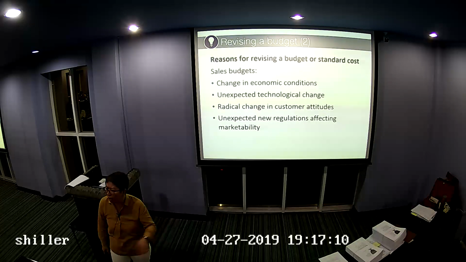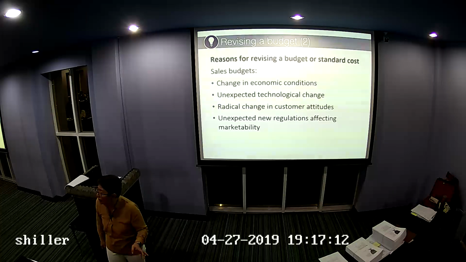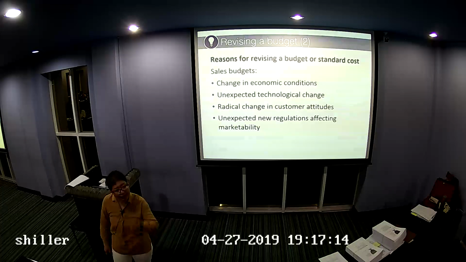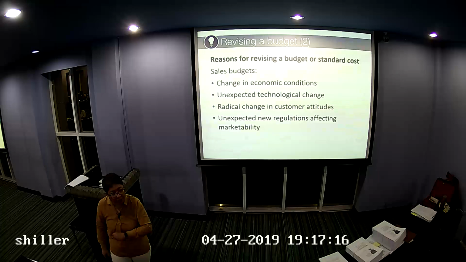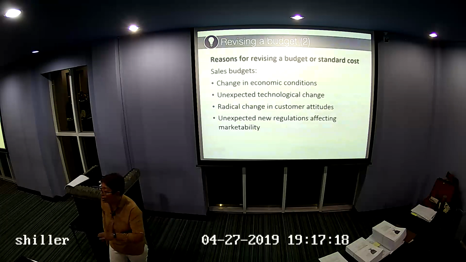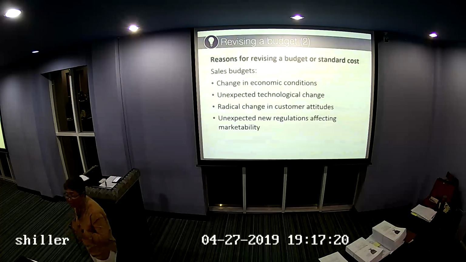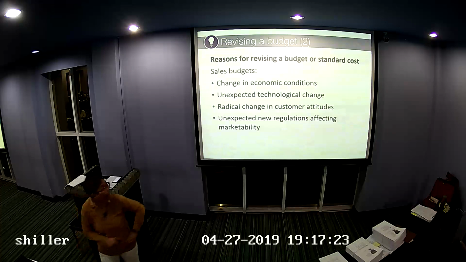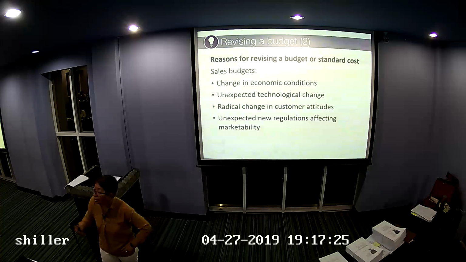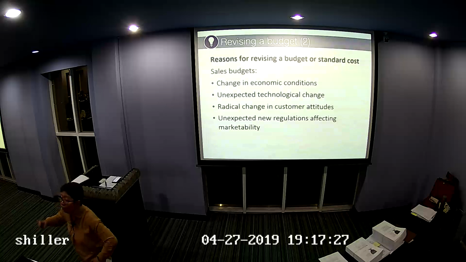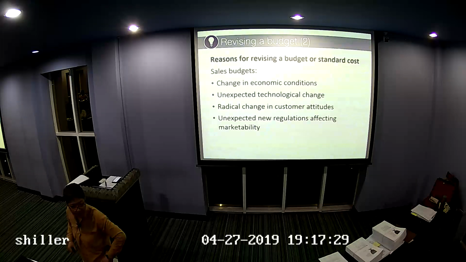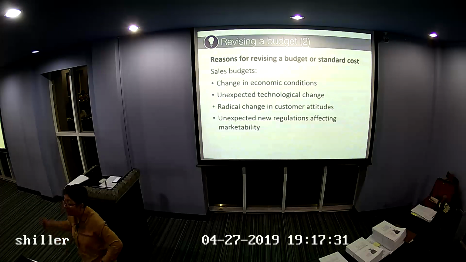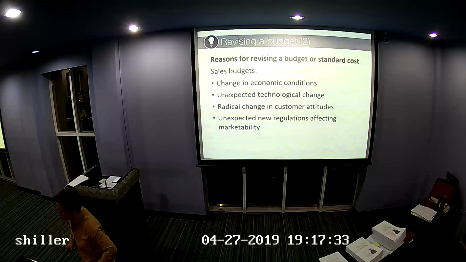In 2007, everything was okay. But in 2008, there was an economic crisis around the world. So they had to revise their budget, because there was an economic condition that could not have been predicted before that year. So in that case, the budget revision is allowed.